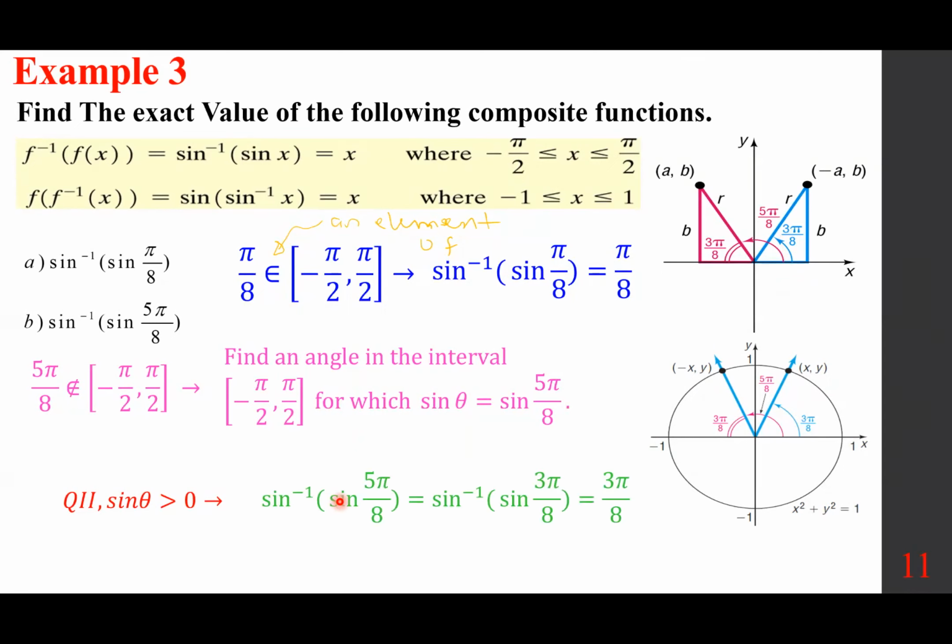So sine inverse of sine 5 pi over 8, we change this to 3 pi over 8 because these two have identical values, and this is within the acceptable domain of minus pi over 2 to pi over 2. Therefore, the answer is 3 pi over 8. So you want to be careful with that.